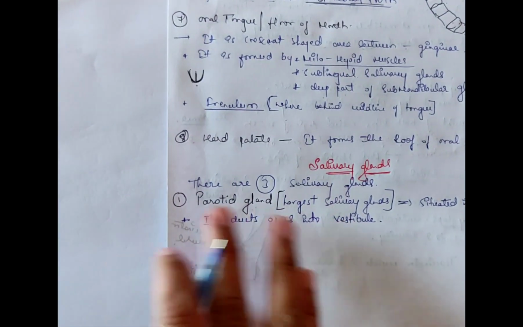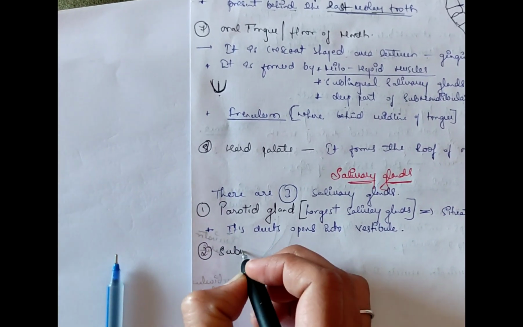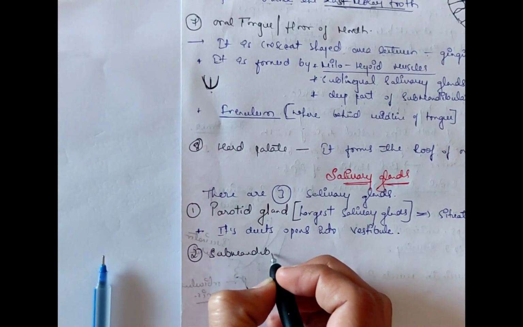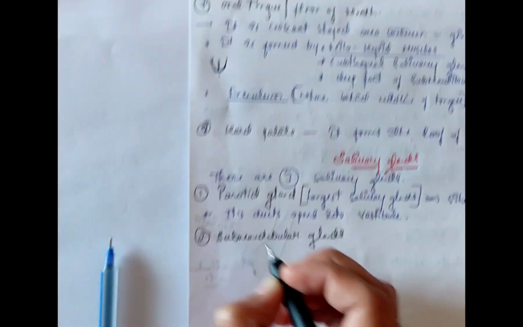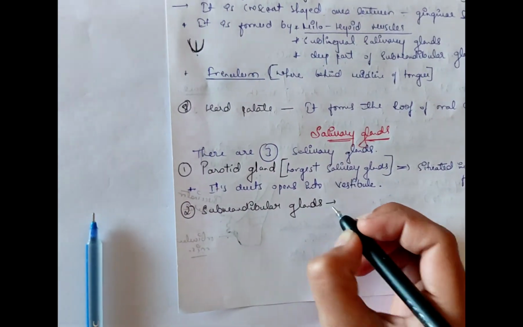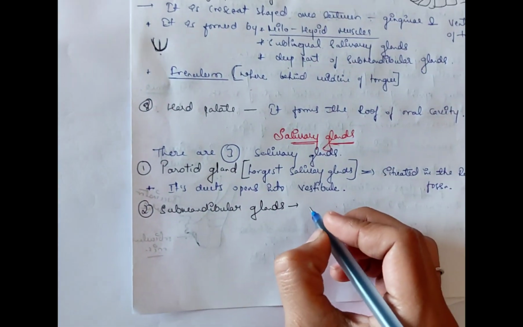The second one is the submandibular gland, the second largest salivary gland.